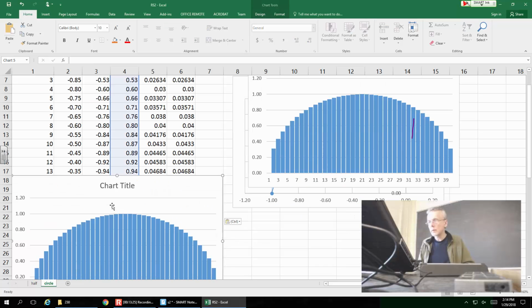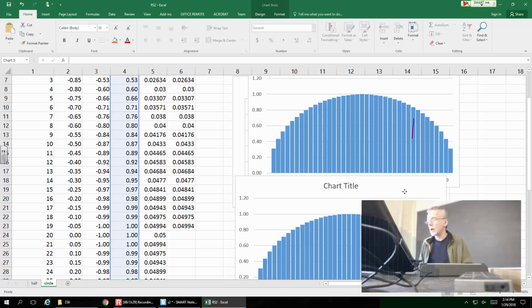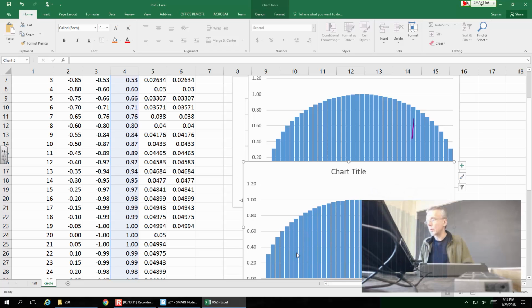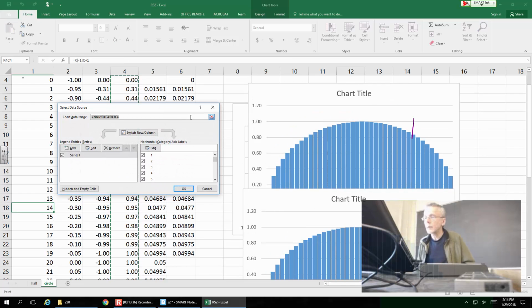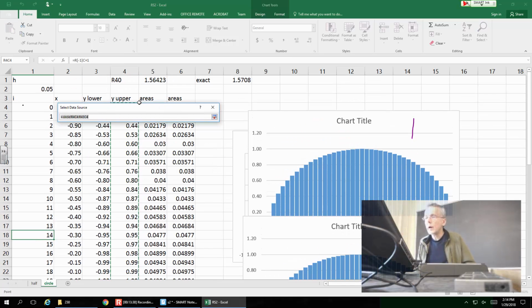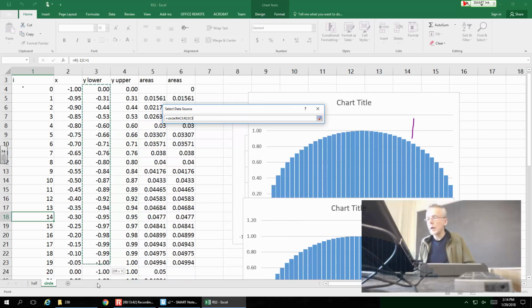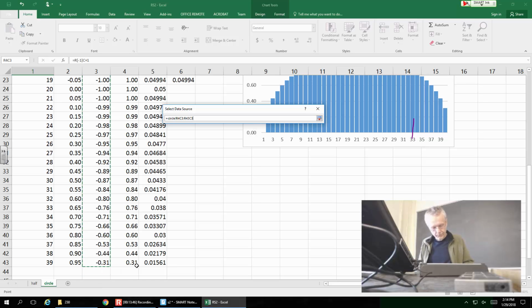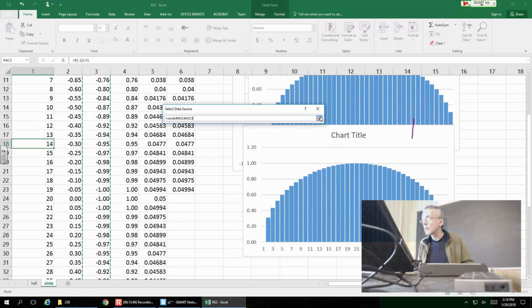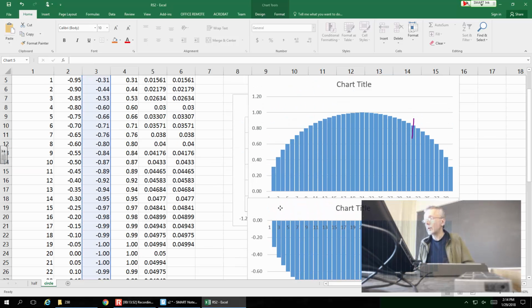Maybe here. So I'll change the data from the upper to lower. Just select data, and I'll pick the lower half this time. All right, so you see what happens.